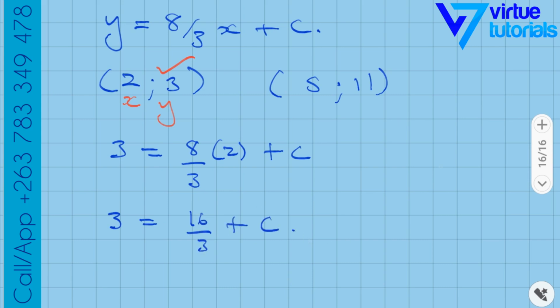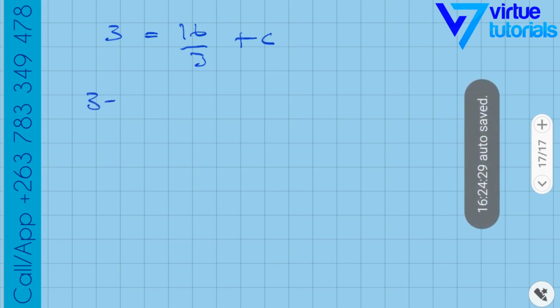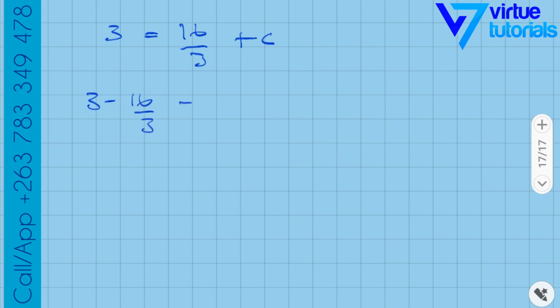All right? So I need to continue. Let me take that to the next page. 3 is equal to 16 over 3 plus c. To find c, I take 16 over 3 to the other side. So 3 minus 16 over 3 is equal to c. Right? 3 is the same as 3 over 1. For fractions, we need a common denominator.